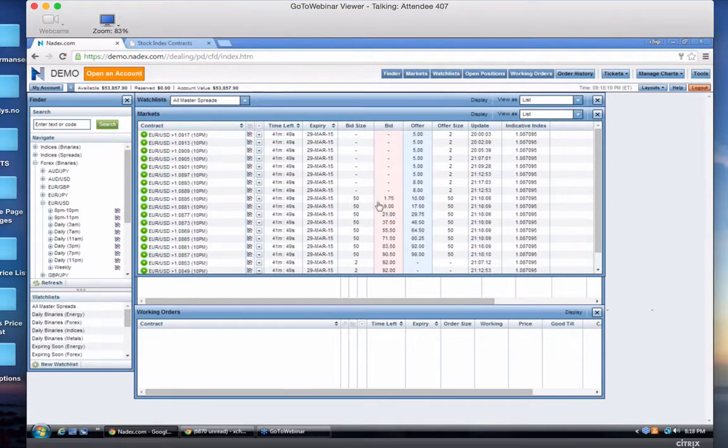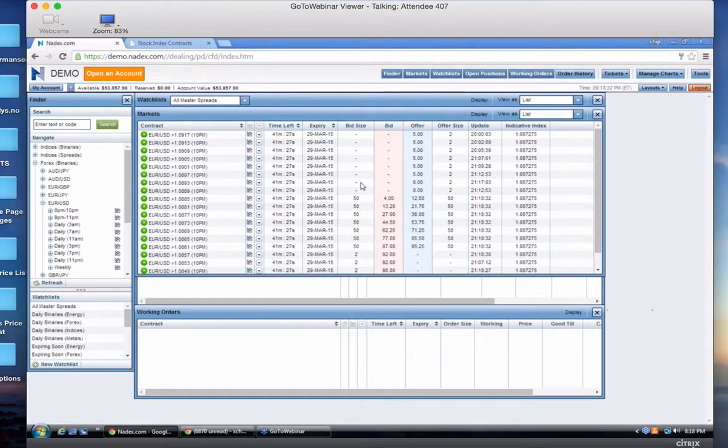Now, the bids and the offers are on a marketplace, and you're essentially a member on the exchange. You can put in limit orders only on Nadex. The best bid is the highest price someone's willing to buy a binary at.